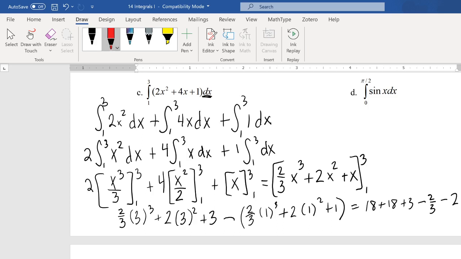So it looks to me like we can get rid of this and these two. And then we've got 36 minus 2/3, or it looks like 106/3.